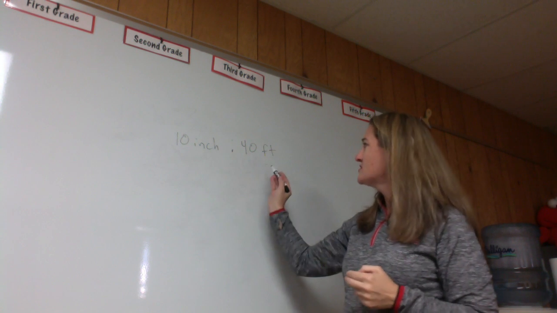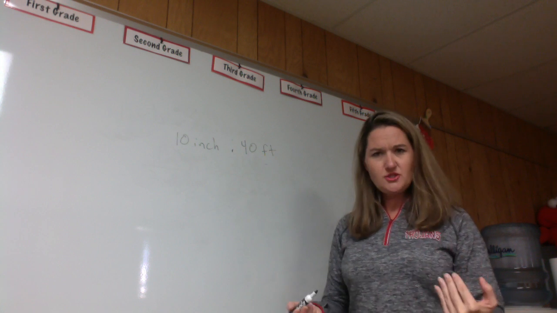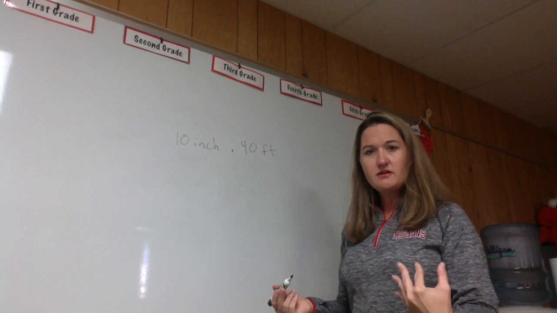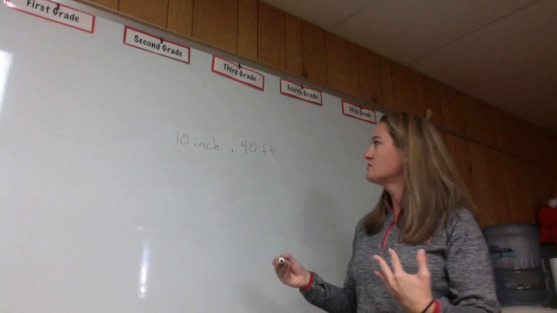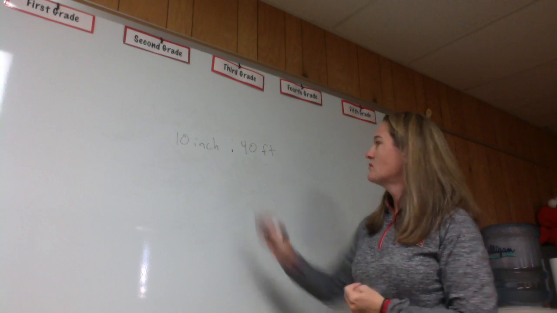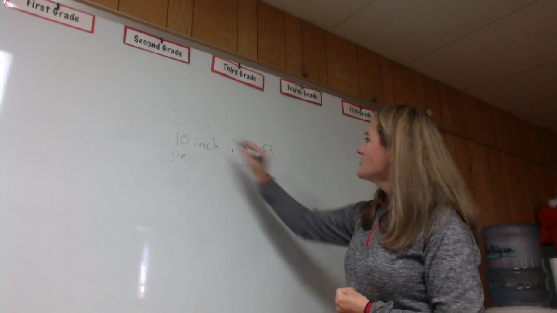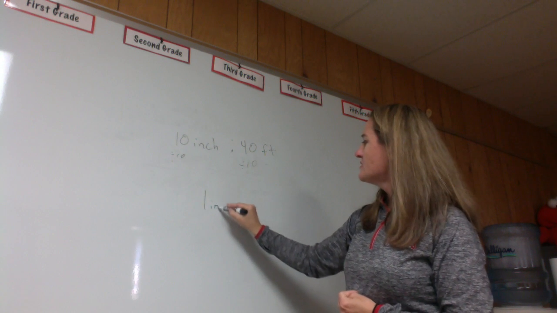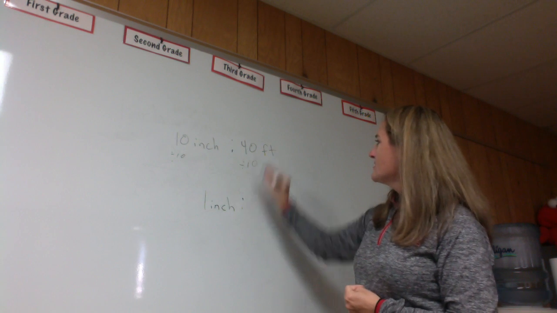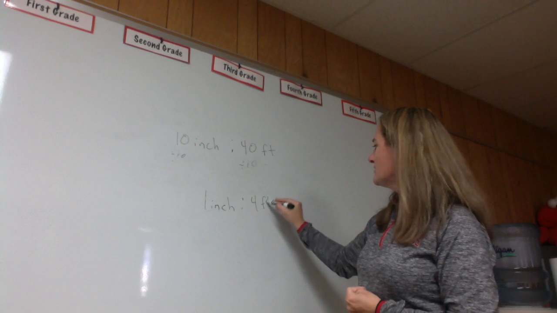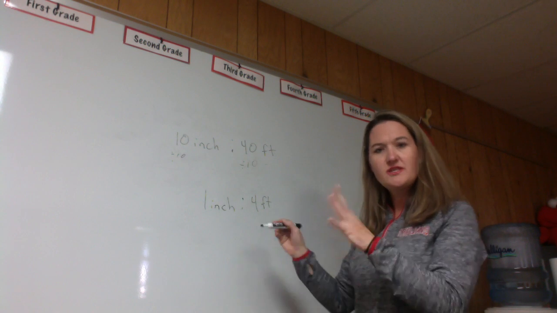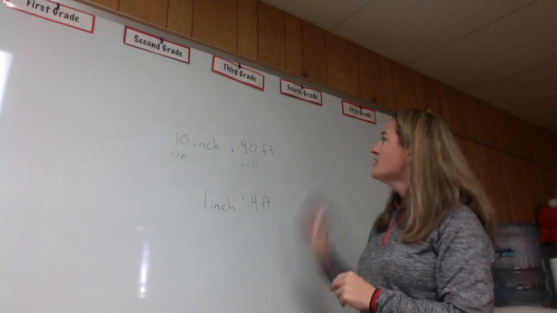You can do 10 inches, 40 feet, but there's got to be a simpler way to write that. Thinking about it as a fraction, if 10 inches equals 40 feet, we can divide both by 10, right? So that would mean 1 inch represents 4 feet.